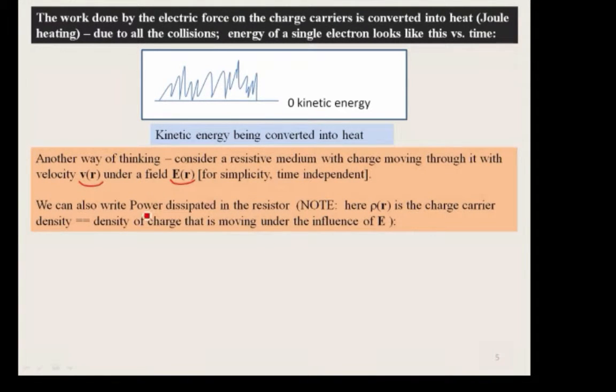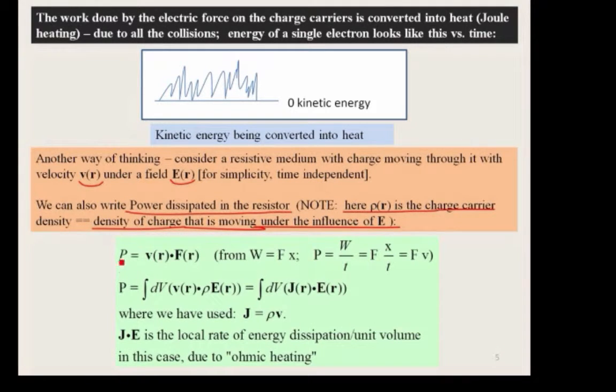We can also write the power dissipated in this conductor resistor. For that, we're going to use the charge carrier density, which remember is the density of charge that is moving under the influence of this E field. If we write down the power in terms of velocity and force, you remember that force times distance is equal to the work done.